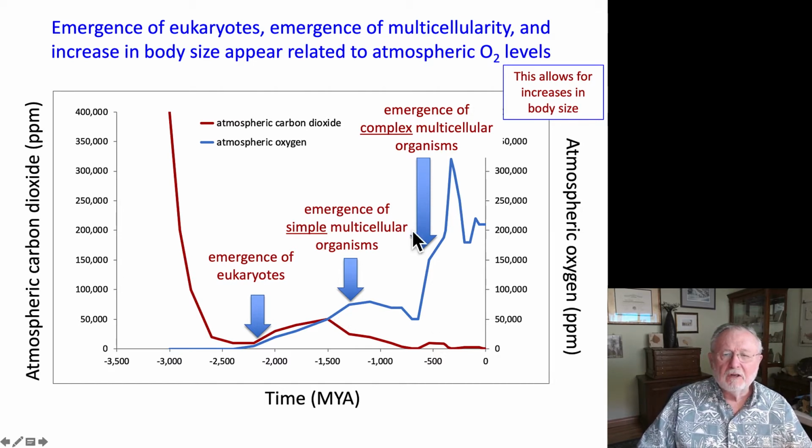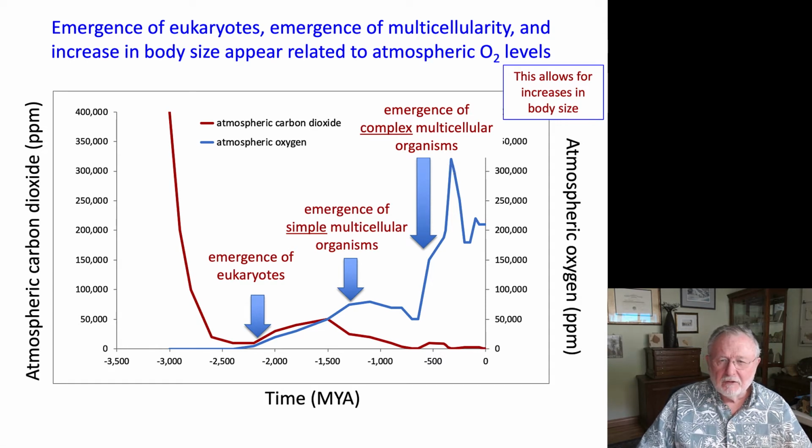And when oxygen levels got to even higher levels, we find the evolution of complex multicellular organisms. And when oxygen levels got to their highest levels ever, we find the largest organisms, the largest animal systems that ever existed on our planet. We'll be talking about that in a future lecture.